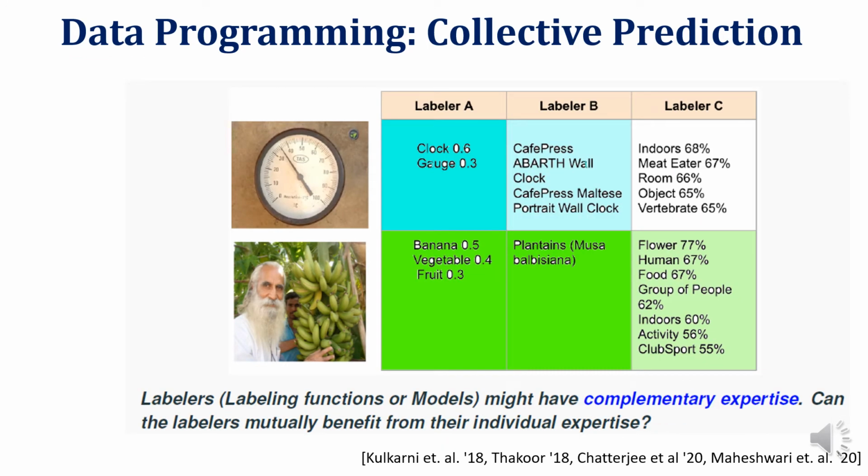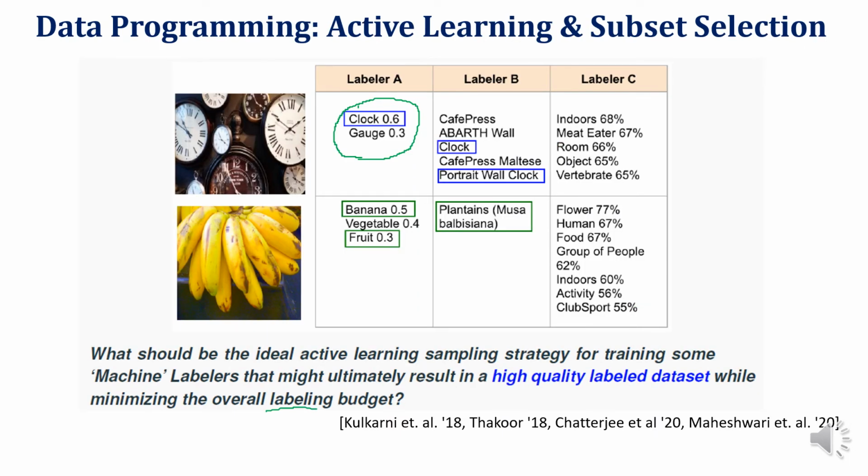So it's possible that labelers also have complementary expertise. Can they mutually benefit from their individual expertises, so that we can come up with better consensus models? Coming to active learning, what are the examples on which the labelers seem to have high divergence?